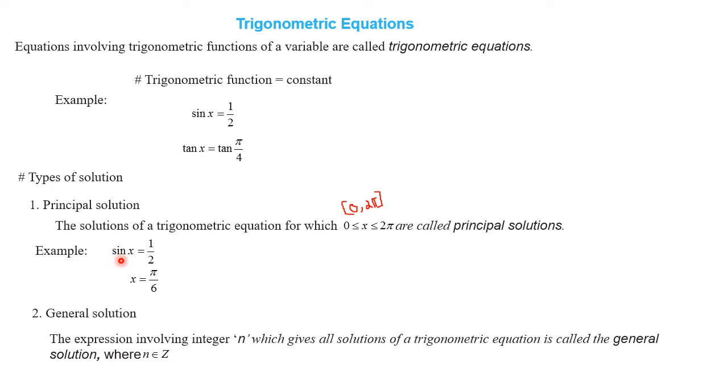When you consider x is equal to pi by 6, this is only one solution, whereas the general solution gives all the solutions of the trigonometric equation. Make sure that when you write the general solution, there will be a term n, where n belongs to integers. In detail, we will discuss this general solution as well as the principal solution in the future slides.